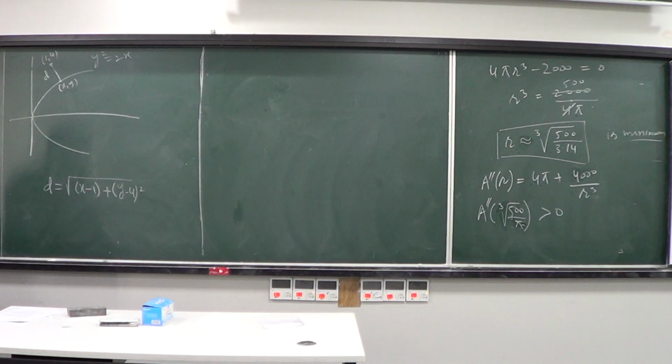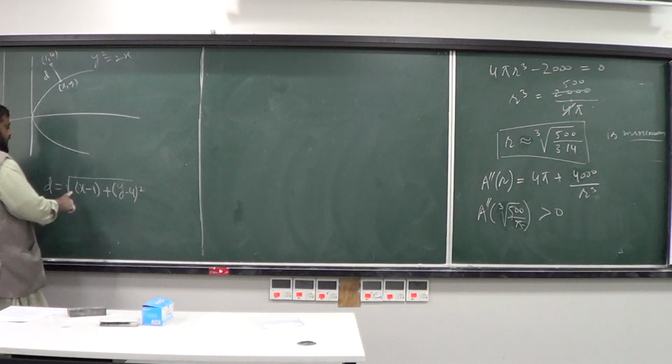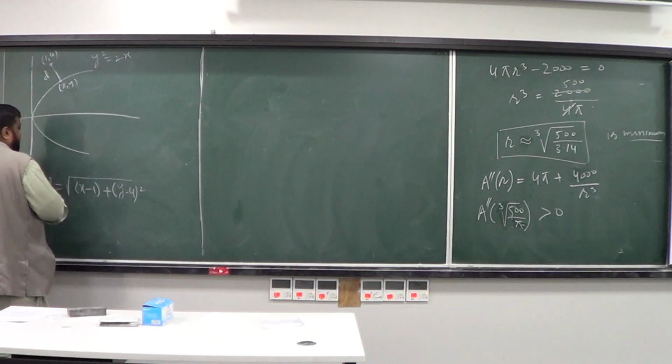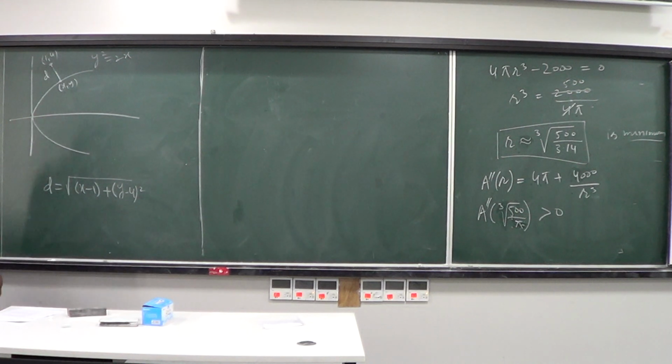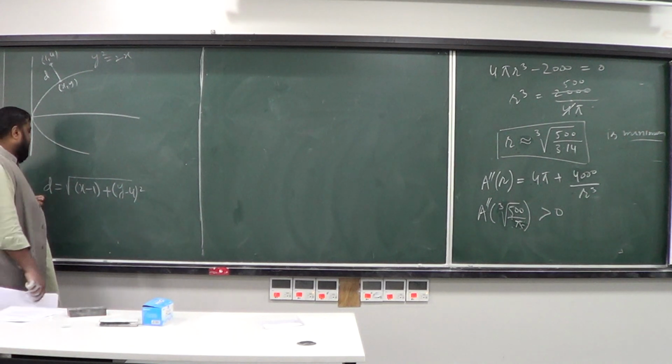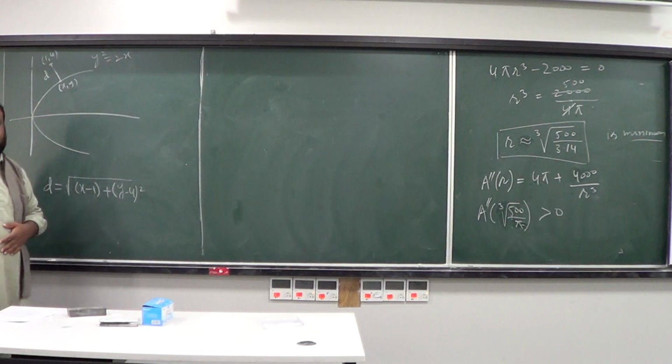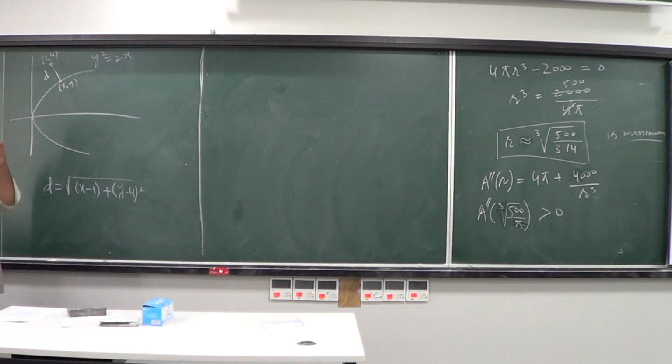Now, we would like to say for what value of x and y d is minimum. So we want to minimize d. But we are again facing the same trouble: this d depends on two variables. It should depend on one variable. The question is, how can I get rid of one variable?